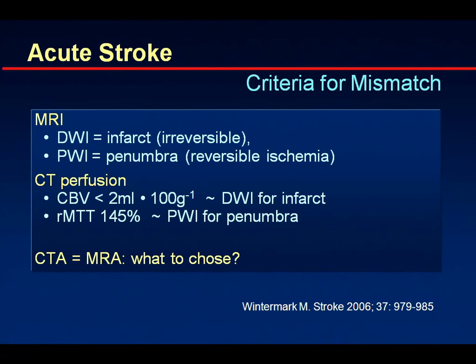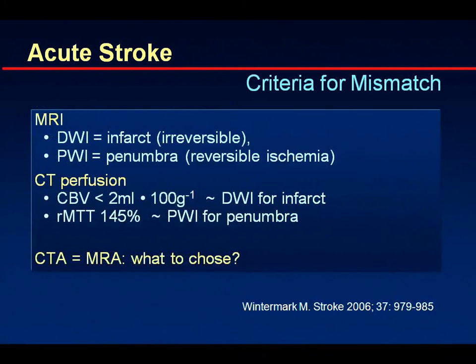So, MR we already saw. DWI, diffusion weighted imaging, gives you the infarct size. Perfusion gives you the reversible ischemia. Again, the MTT is it. And the criteria for CT is that the blood volume is less than 2 milliliter per 100 gram tissue.